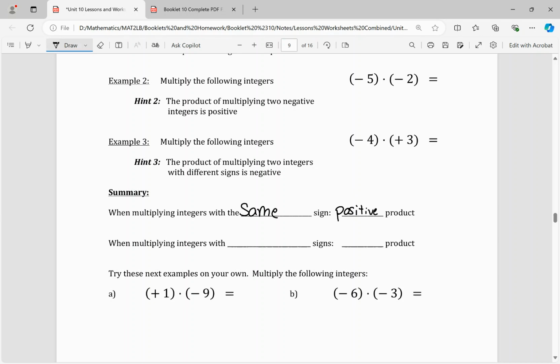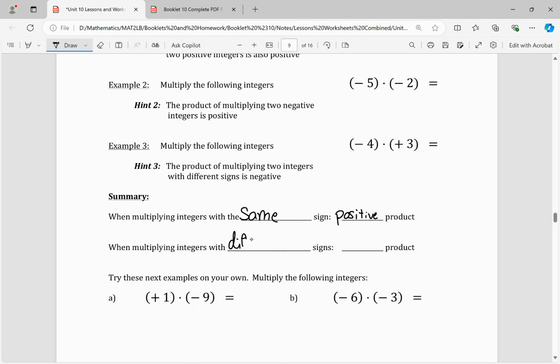We have very specific words. When I use the word sum, I mean the answer after adding. When I use the word difference, I mean the answer after subtracting. When I use the word product, I mean the answer after you multiply two numbers. So when multiplying integers with the same sign, we have a positive product.